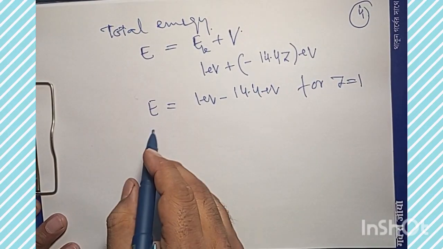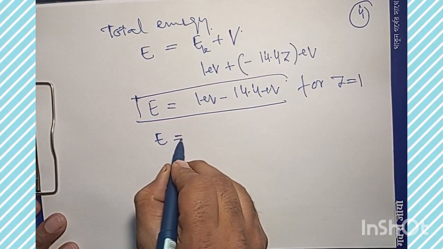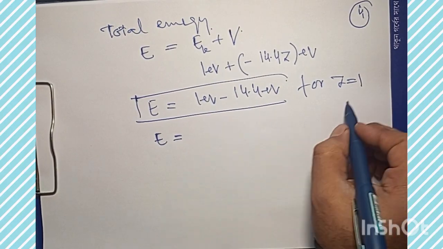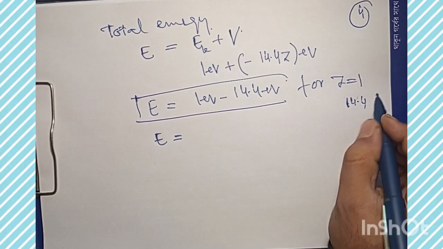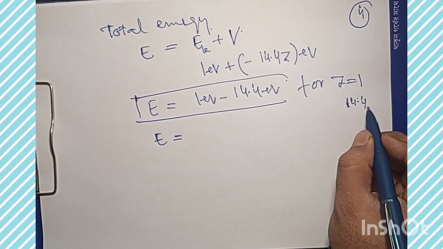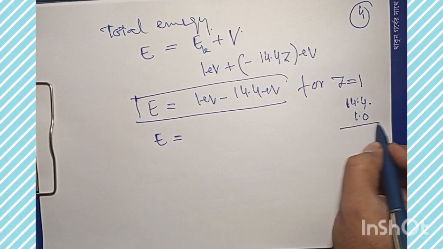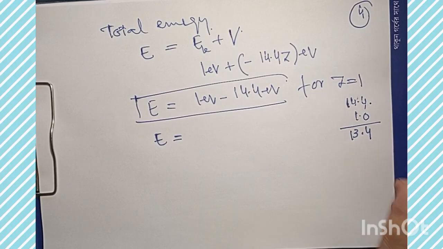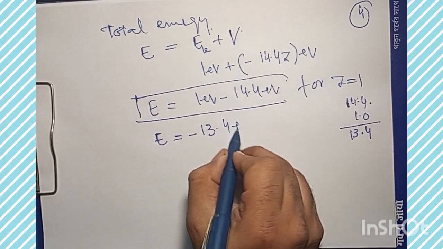So here we can have the total energy. 1 minus 14.4, I have to subtract 1 from 14.4, so this will be minus 13.4 electron volts.